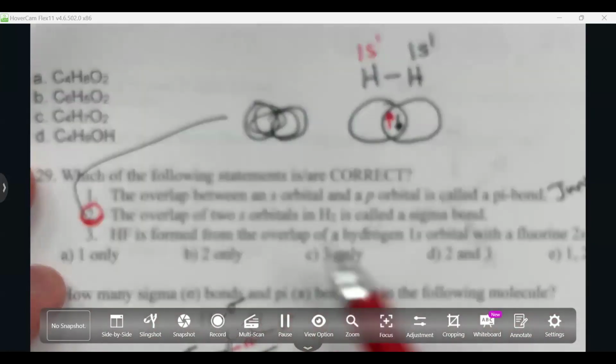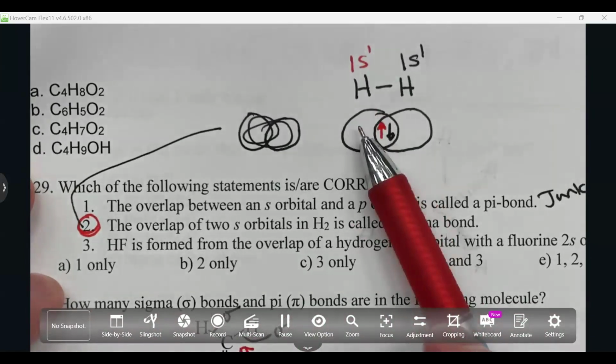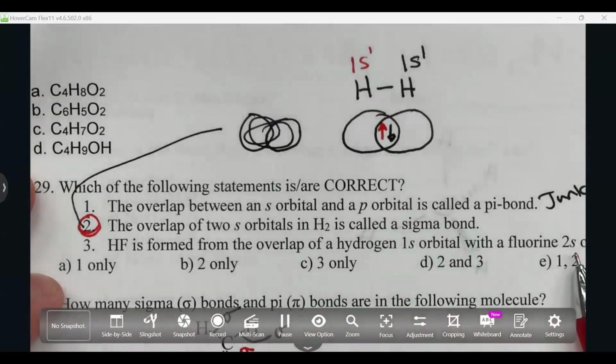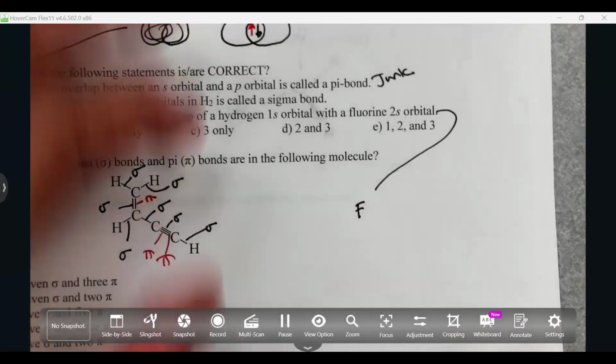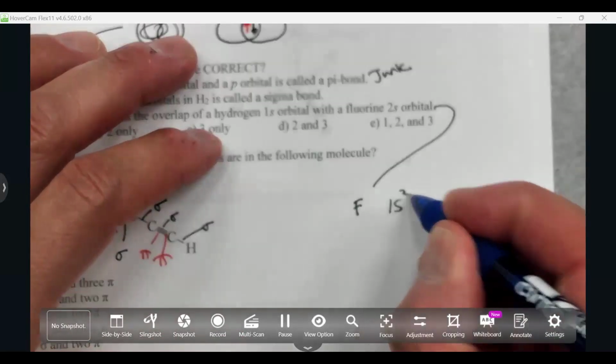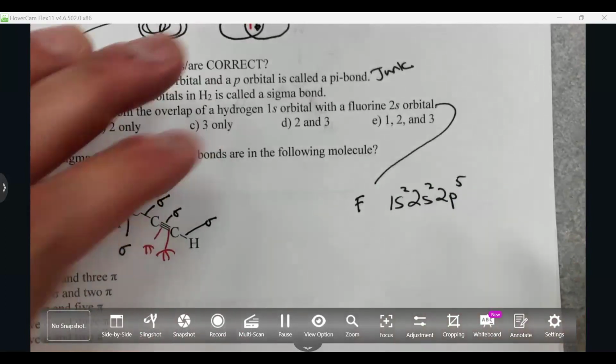HF is formed from the overlap of hydrogen 1s. We looked at a hydrogen 1s. We're good with that. With fluorine 2s. What's fluorine's electron configuration notation? 1s2, 2s2, 2p5.